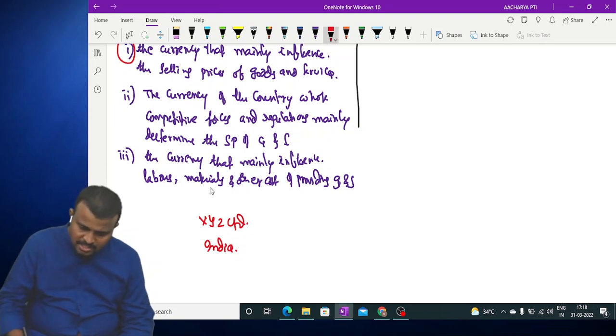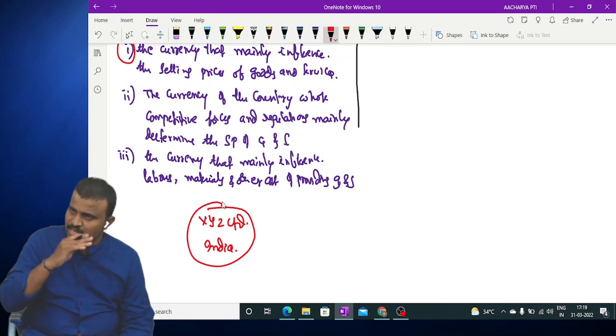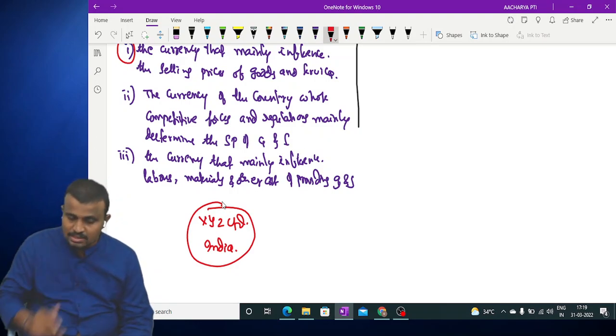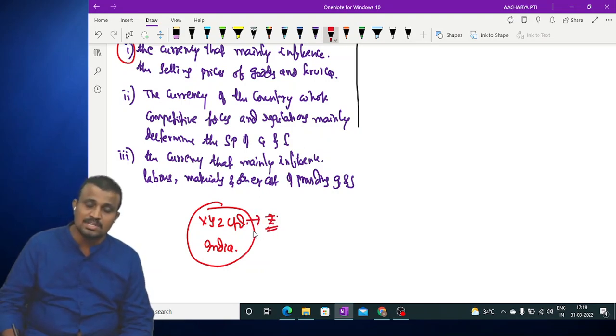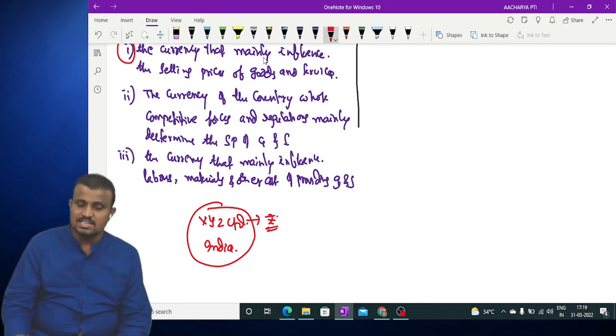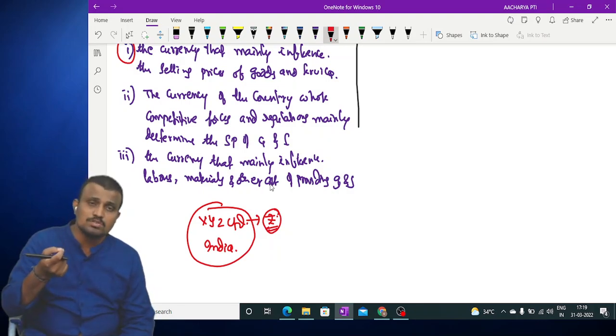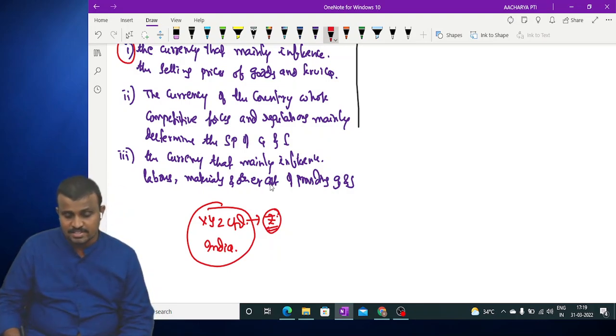It purchases goods in India, produces goods in India, and sells the goods in India. Then what is the functional currency? Indian rupee, INR. So the currency that mainly influences the selling price is the rupee. And the competitive forces are those available in India, which help in determining the selling prices.